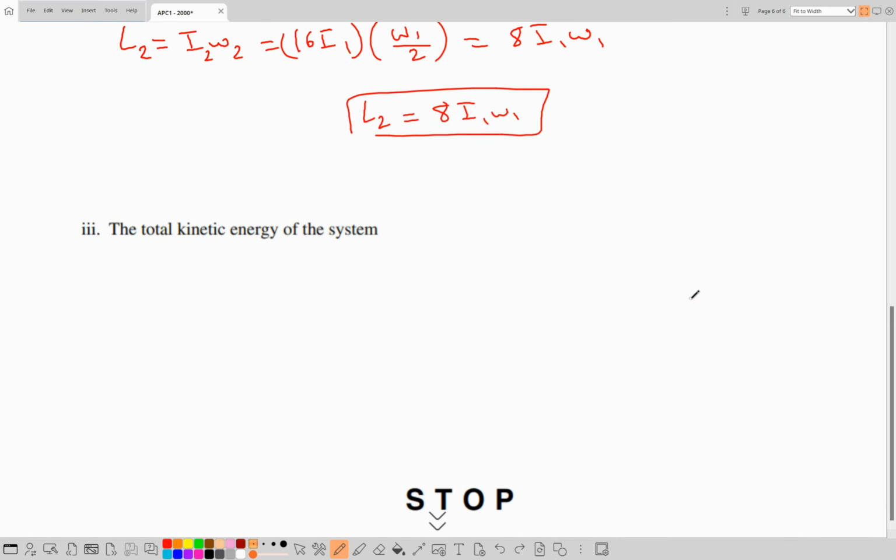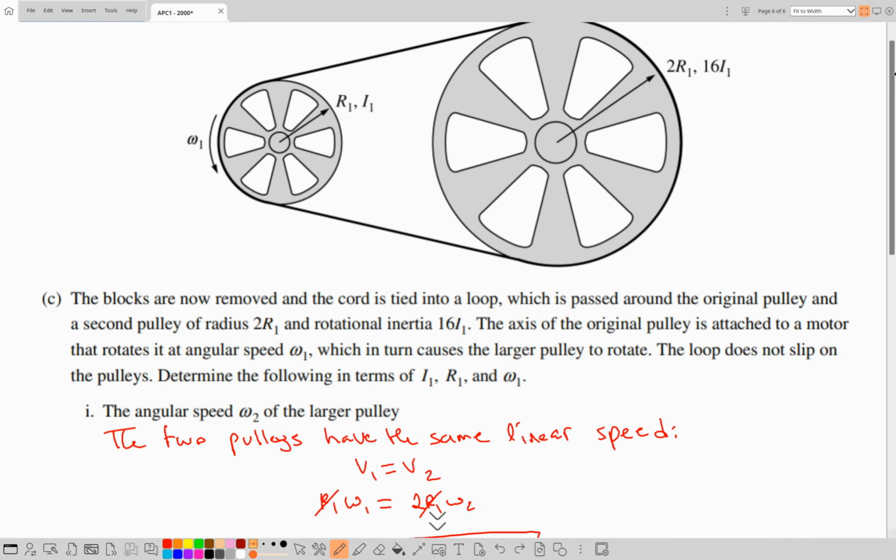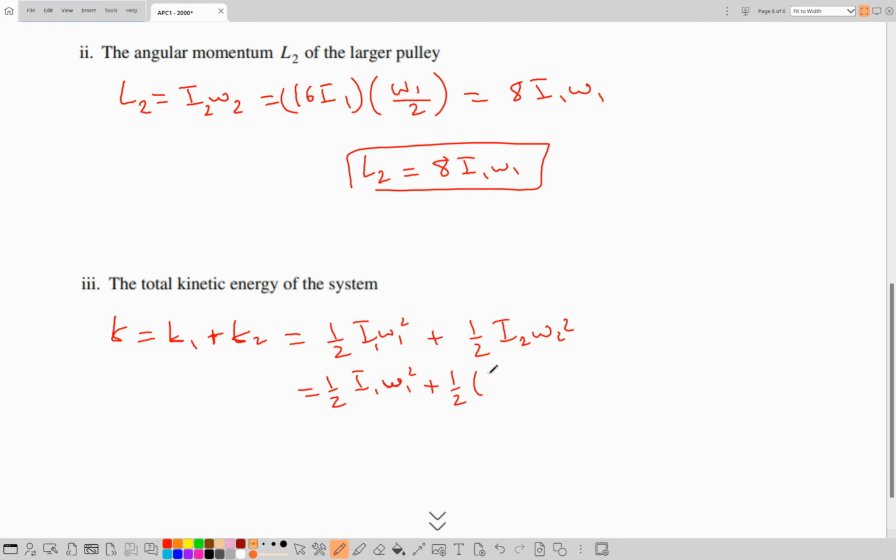Now they're asking us to calculate the total kinetic energy of the system, and here the kinetic energy is purely rotational. Then K would be K1 plus K2, and we know that for pure rotational motion the kinetic energy is given by half I omega square, carrying the subscript 1, plus half I2 omega 2 square. Now we're going to leave the first as is, and the moment of inertia I2 is given by 16 I1, and omega 2 is given by omega 1 over 2.